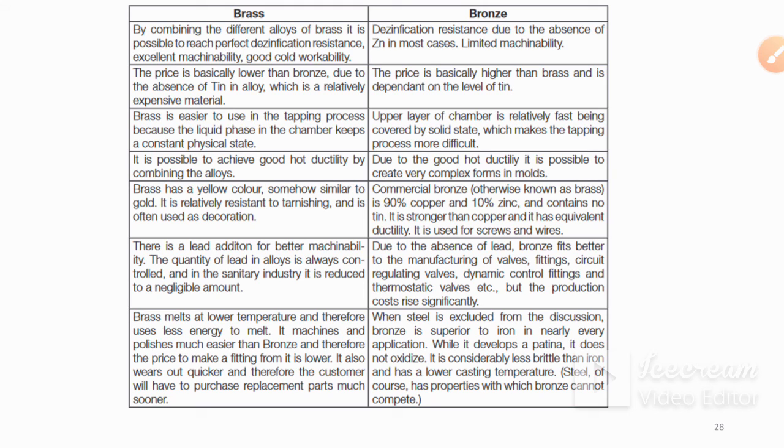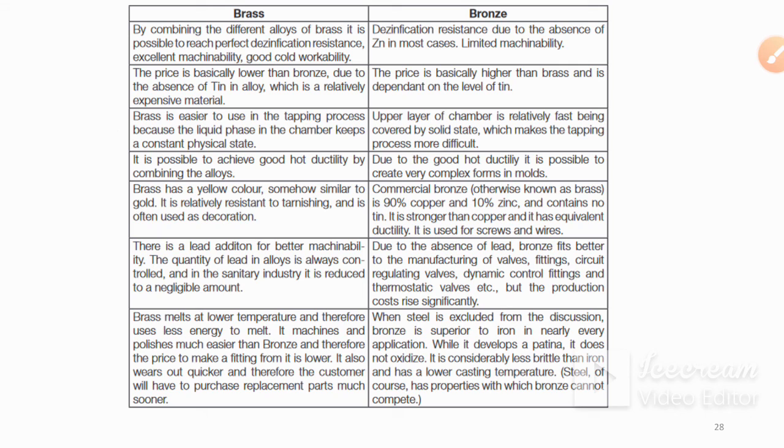The price of brass is basically lower than bronze. Brass is cheaper due to the absence of tin, and tin is relatively expensive. Brass is easier to use in the tapping process because the liquid phase in the chamber keeps a constant physical state. In bronze, the upper layer of the chamber is relatively fast covered by solid state, which makes the tapping process more difficult.